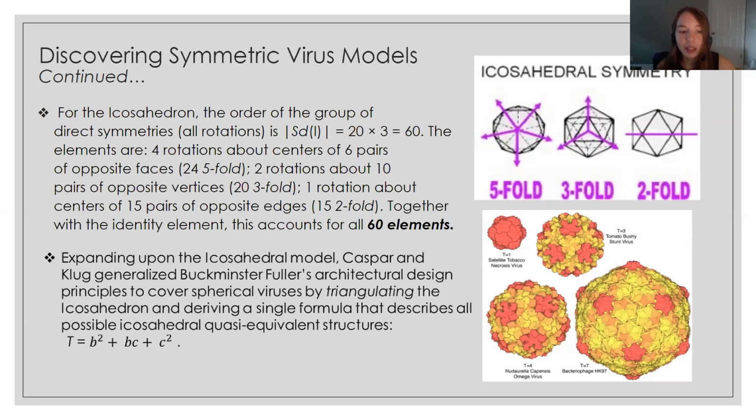This is T equals B squared plus BC plus C squared. What this T number gives us is the number of subunits within each triangle used to create the quasi-symmetric icosahedral structure. Further, if we take 60 times T, this will give us the number of subunits present throughout the entire icosahedron, the number of proteins. When we're talking about a virus, each subunit is going to be one protein.